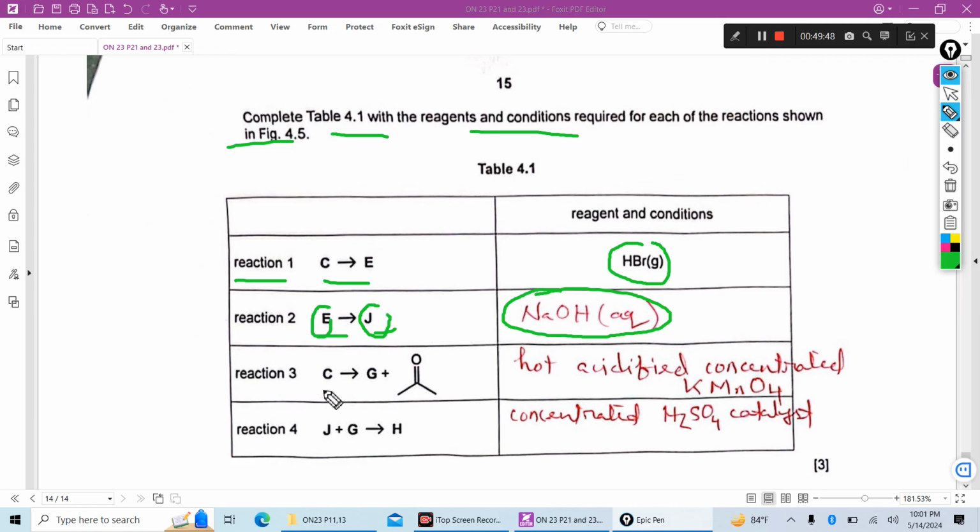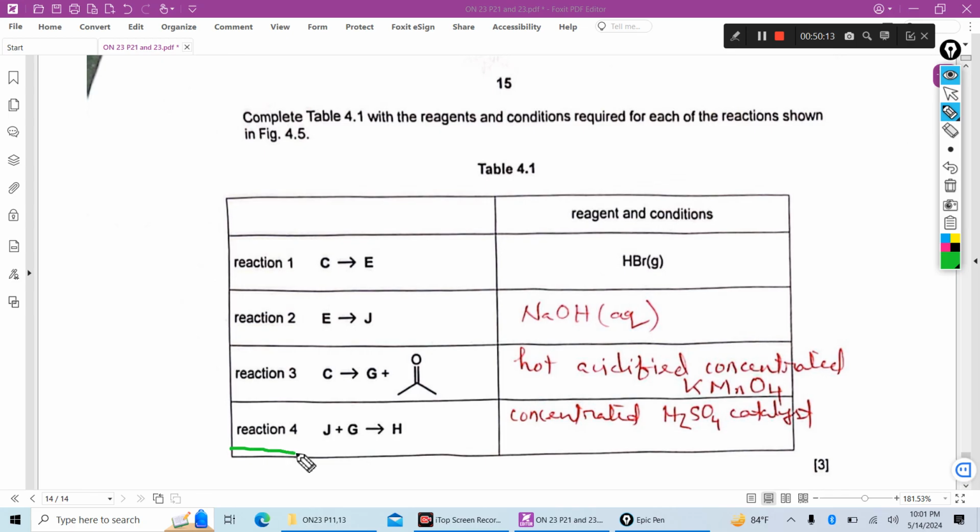And reaction 3: the alkene is oxidized by hot potassium permanganate to produce a ketone, and G is a carboxylic acid. So the reagent will be hot acidified concentrated potassium permanganate(VII).